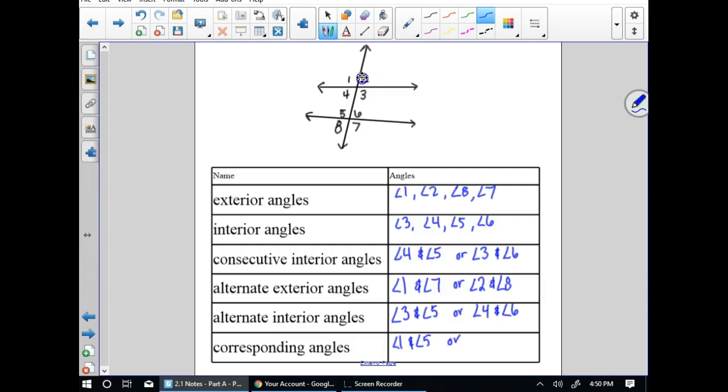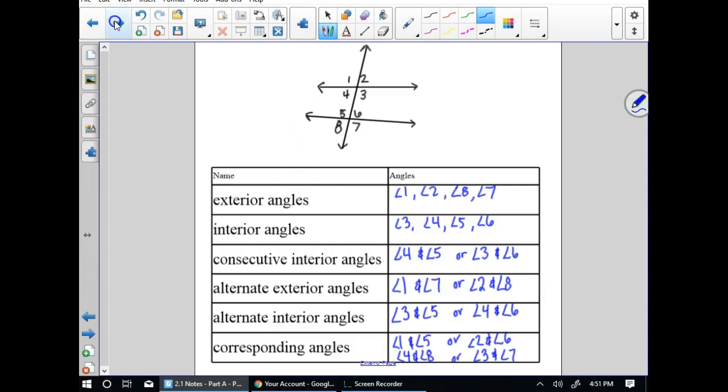Also, angle 2 and angle 6 are both in the top right corners of these intersections, so angle 2 and angle 6 are corresponding angles. Angle 4 and angle 8 are corresponding angles. Or we could say that angle 3 and angle 7 are also corresponding angles.